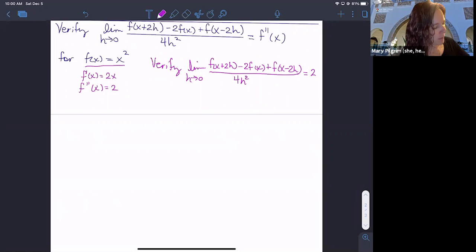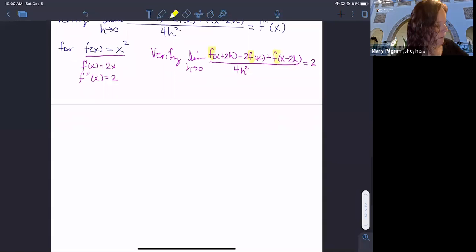So I'm going to need to put in all these parts because now I know what f is. I know that f is equal to x squared. So let's work with this. I'm at the limit as h goes to 0, f of x plus 2h.